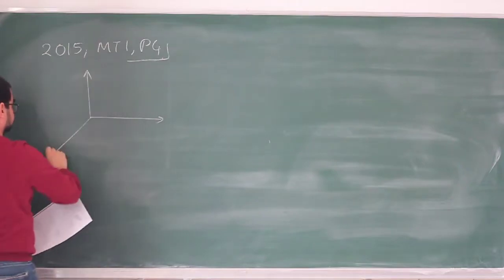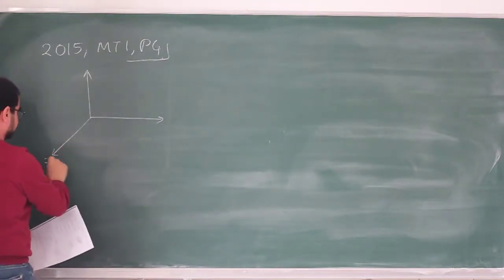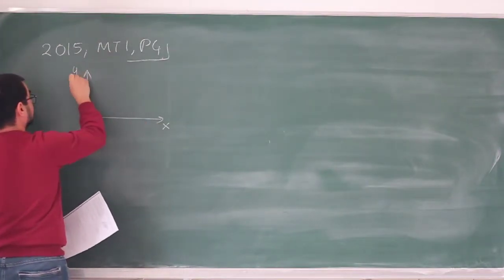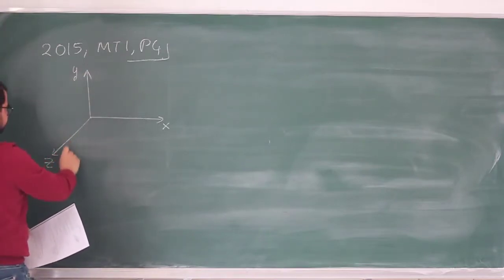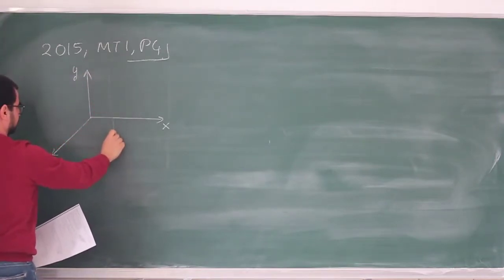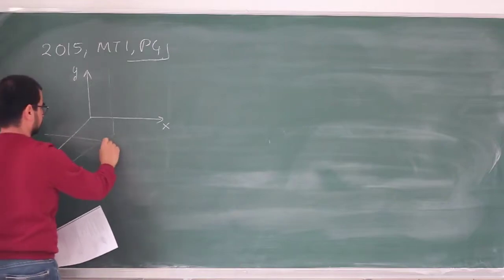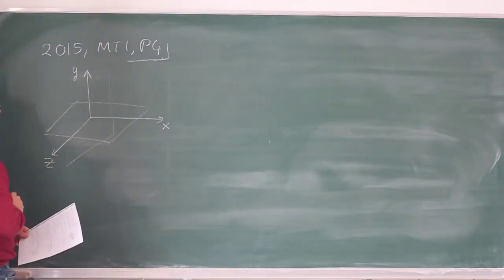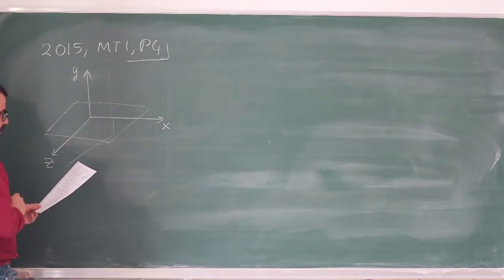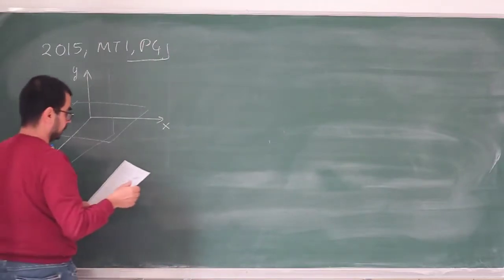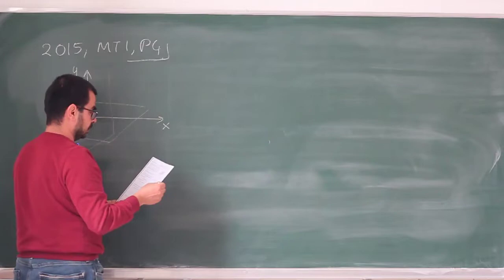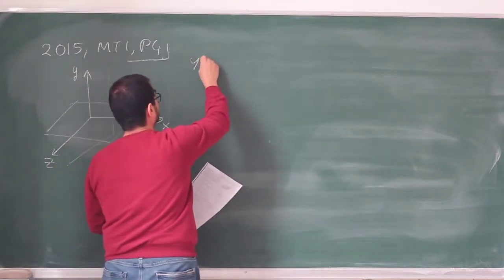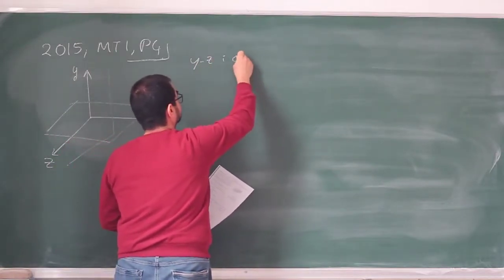There is a figure that I'm not going to try to really reproduce here, but I'm going to draw a coordinate system. This is Z, X, and Y, and there are planes of charge: one in the XY plane, one in the XZ plane, and one in the YZ plane. The one in the YZ plane is sigma 1.